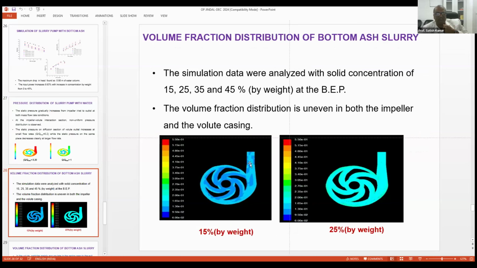These are the solid phases, and the other colors are the water. When we move from 15 to 25, the uniformity increases. Non-uniformity of the solid with the water decreases.